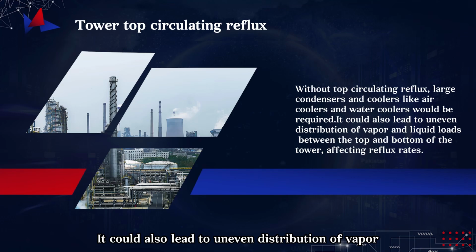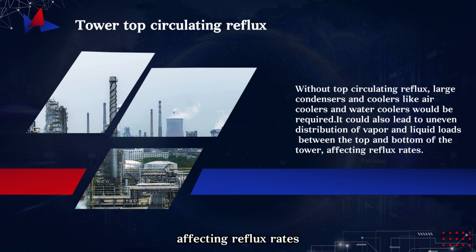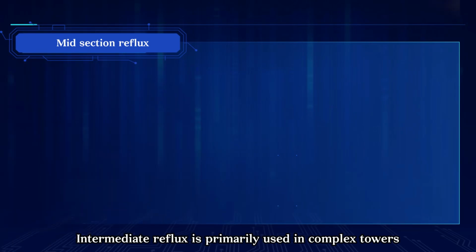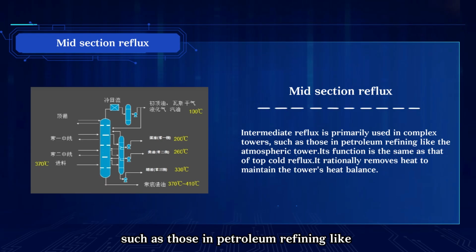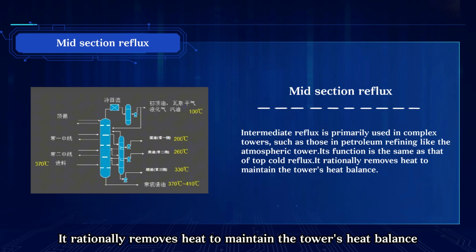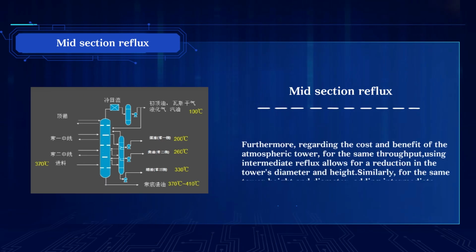It could also lead to uneven distribution of vapor and liquid loads between the top and bottom of the tower, affecting reflux rates. Intermediate reflux is primarily used in complex towers, such as those in petroleum refining like the atmospheric tower. Its function is the same as that of top cold reflux.